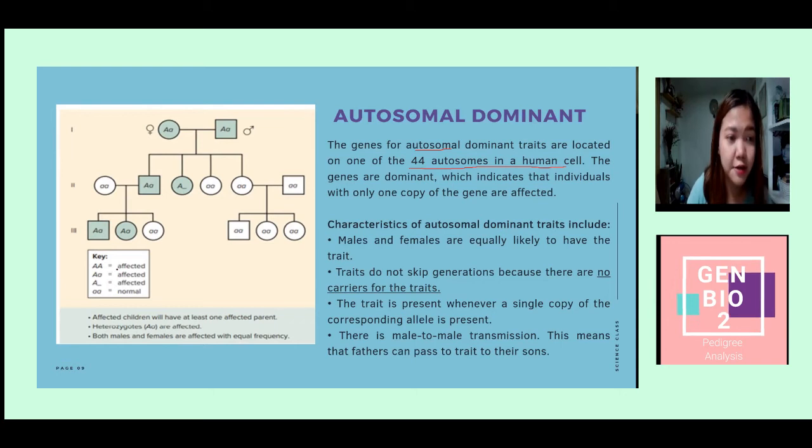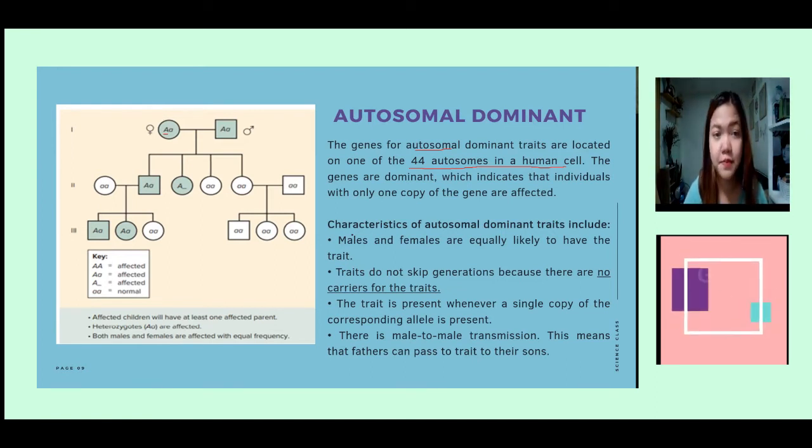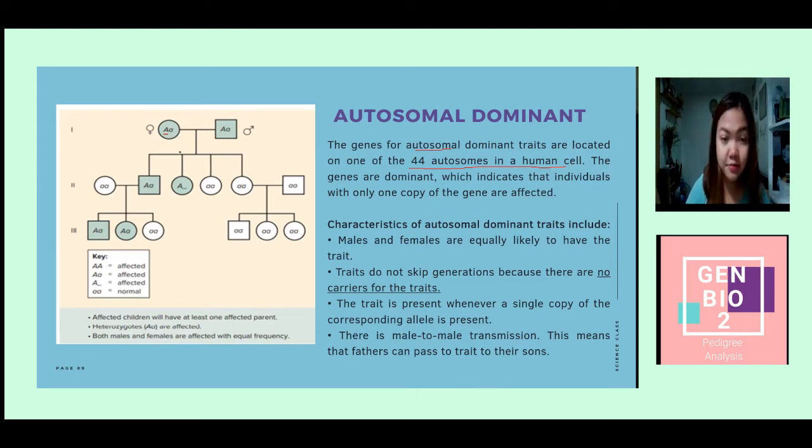For example, here, the affected individuals are heterozygous. Even though isa lang ang allele, na-express pa rin kasi dominant trait yun.